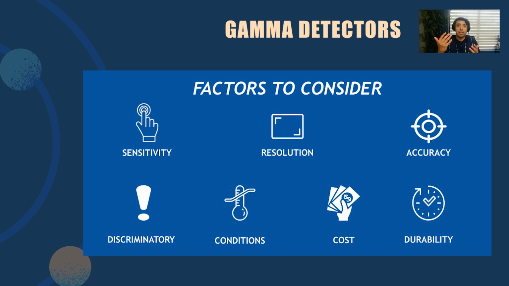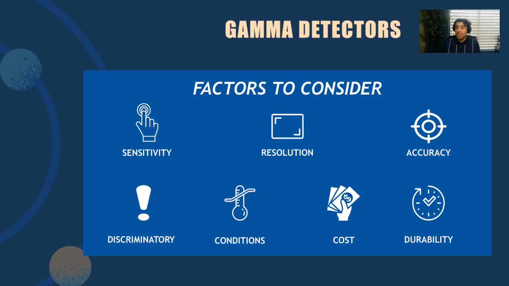Another decision to consider is environmental conditions. The operational environment, including temperature ranges and exposure to elements like elevation or temperature, can impact the detector choice. And then lastly, cost and durability, balancing the need for advanced capabilities with budget constraints and the expected lifespan of the specific device.